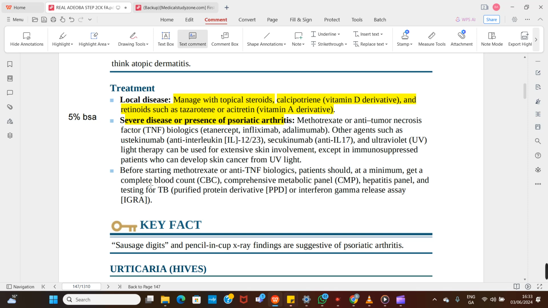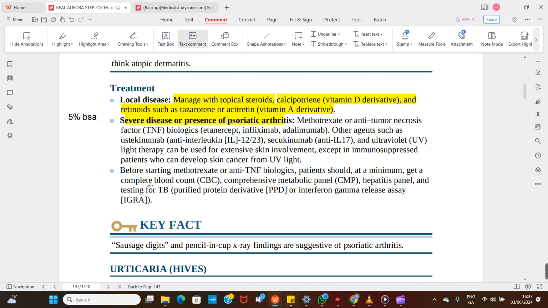So if the areas affected are less than 5% of the body surface area, that's a local disease. So you just give your topical steroid, your topical vitamin A, and your topical vitamin D derivative. That's how I remember it. Your vitamin D derivative is what you call calcipotriene, while your vitamin A is the tazarotene or acitretin.